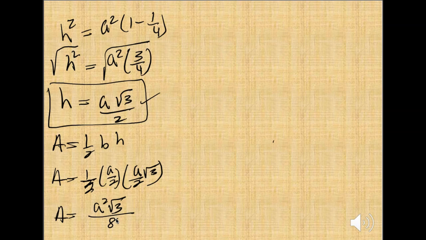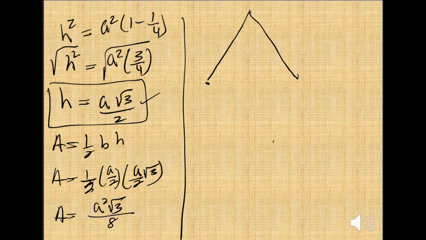Now, that's the area of our triangle. We dropped the perpendicular here, we had an H that's perpendicular. And this is the area of the triangle we found. But we have triangle 1 and triangle 2.